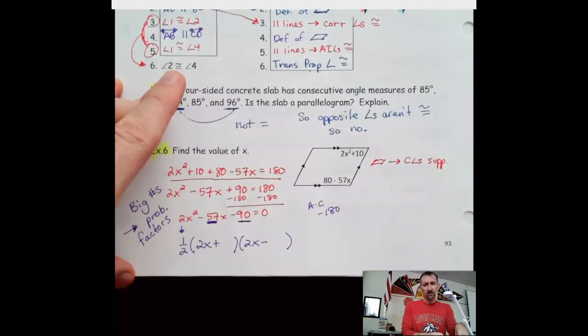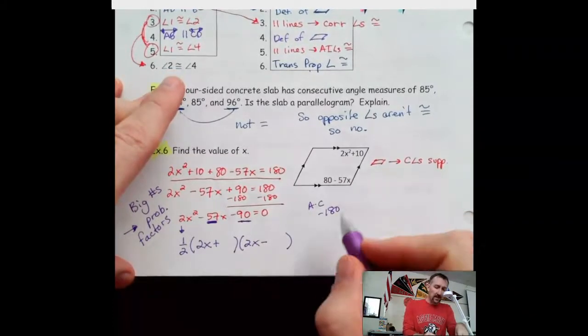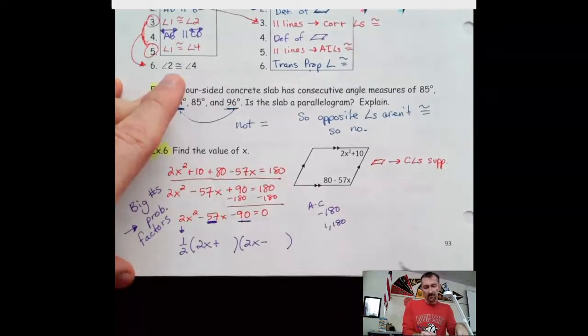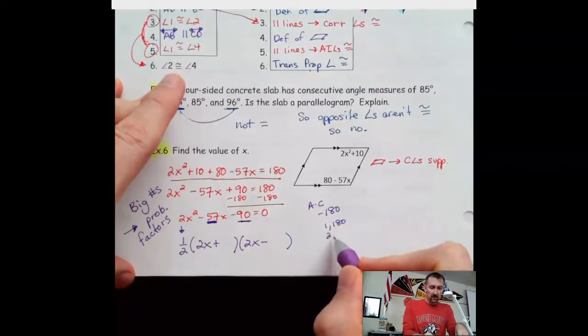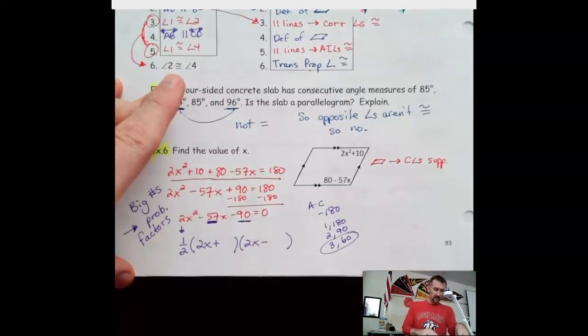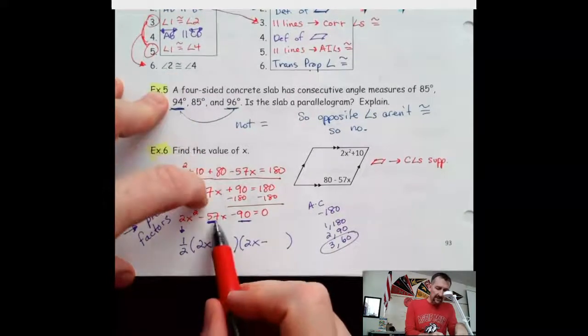Now, I think it should be pretty nice to find that, but if not, then you just start listing all of them. So 1 times 180, 2 times 90, 3 times 60, and hopefully you're like, okay, there it is. That's the ticket. So we want a negative 57.